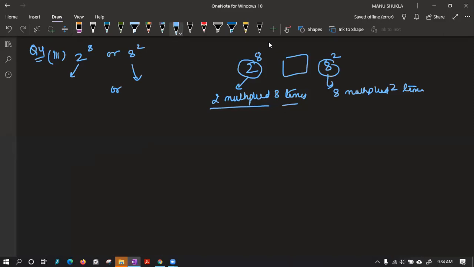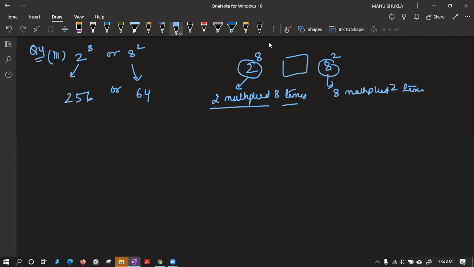I know 8 8s are 64. Now, 2 power 8, for our convenience, we know 2 power 8 is 256. We know this directly, we don't need to find it. At least we can write 2 to the power 10. Yes, we can do that.